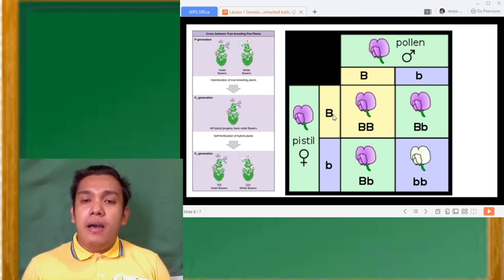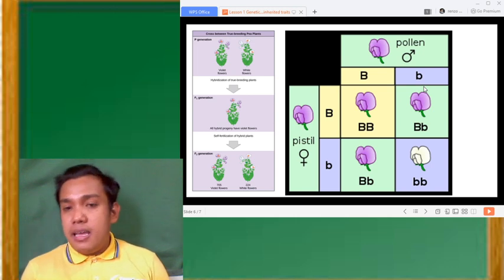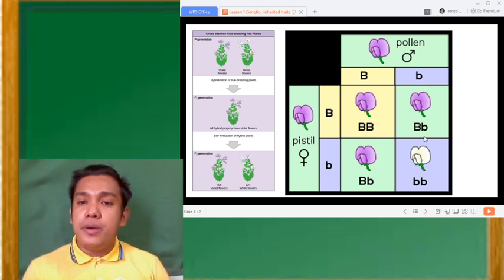When we multiply the two uppercase letters B, the result will be purple because it is the same color, and we write it as two uppercase B. When we multiply the uppercase B and the lowercase b, the result will be the same as the color of the capital B, which is purple. So we write it as capital B and small letter b.